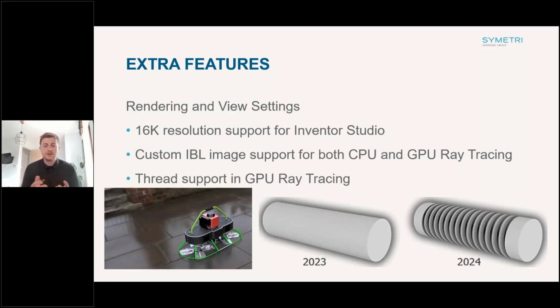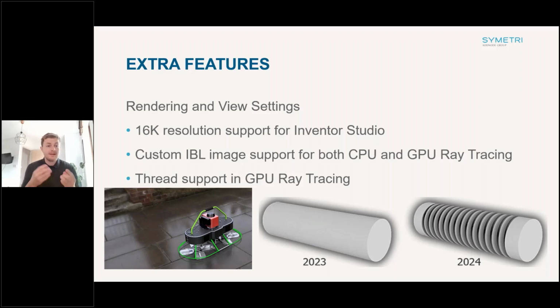And the final thing I'm going to talk through from the Inventor side is the rendering and view settings. So the first thing I'm just going to mention is about Inventor Studio. You've now got the option for 16K resolution in Inventor Studio, so it's giving you high quality images that you can export. You can also now create custom image-based lighting images as your backgrounds within Inventor.